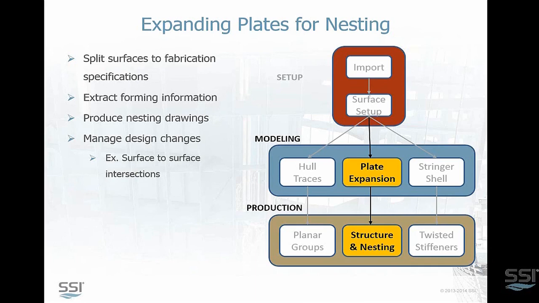So when we bring these parts into structure and then nest them, there's still this relationship retained between the hull design surface and these parts, so that we can go back to hull, we can make modifications in hull, and we can push all that information forward. It reduces the need to repeat activities in different locations, and it ensures that information that is set up initially is retained all throughout the design process.